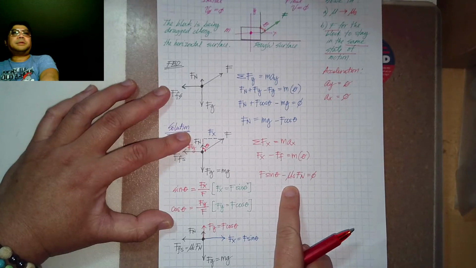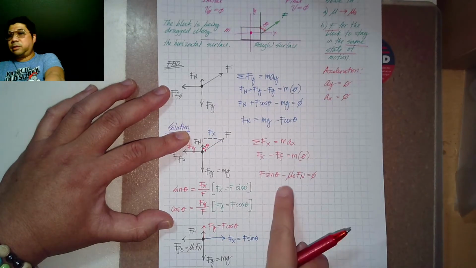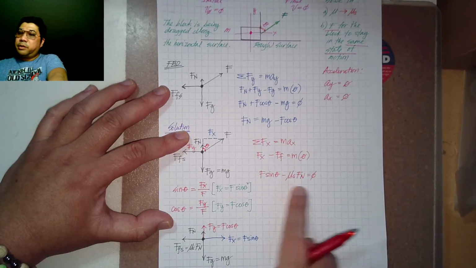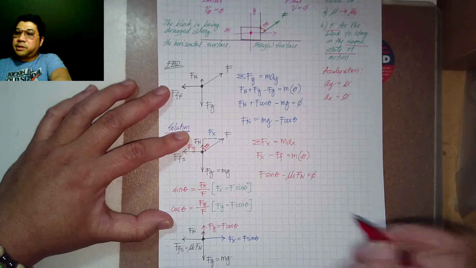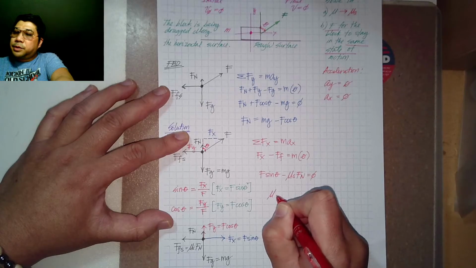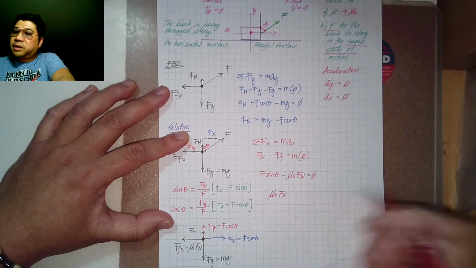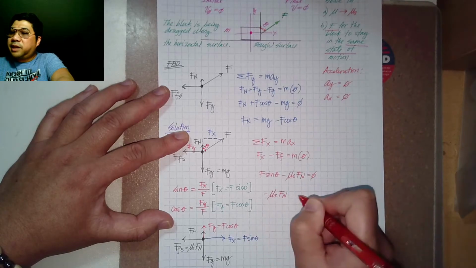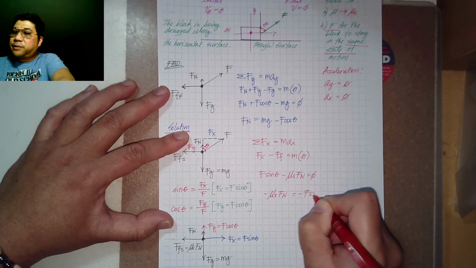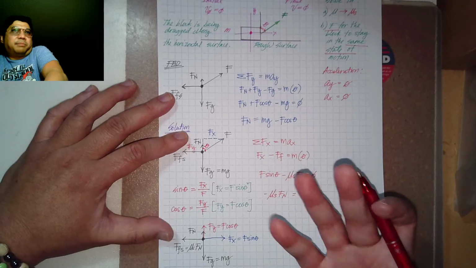Now I want to solve for my coefficient of static friction for letter A. So I will keep my coefficient of static friction on one side of the equation. If I move it to the other side, that will give us positive mu s Fn. Some of you might want to see it, so that's negative, and then I bring this to the other side, which is negative F sine theta.